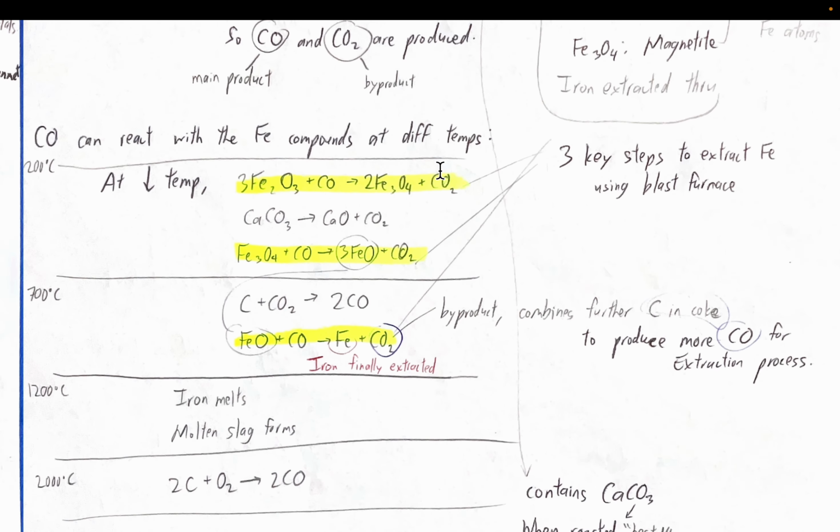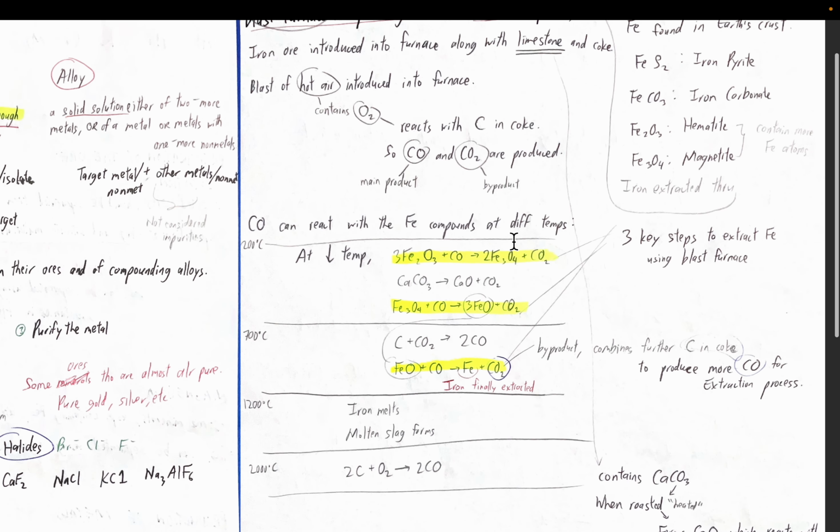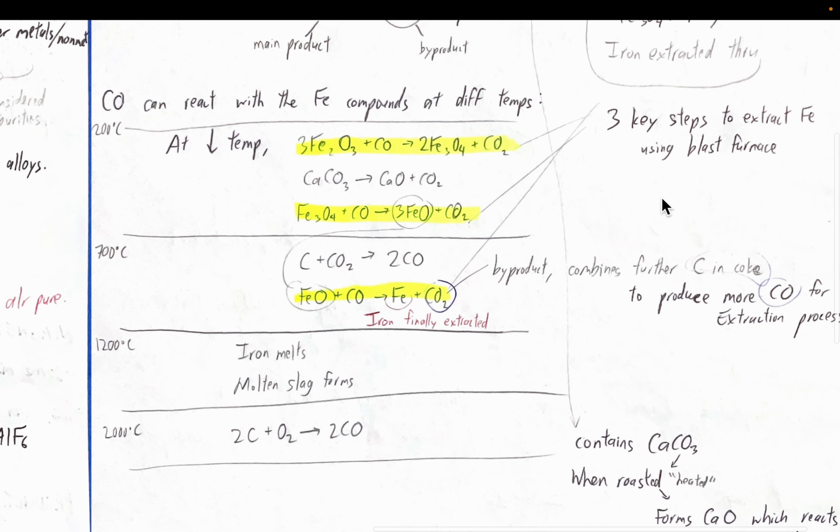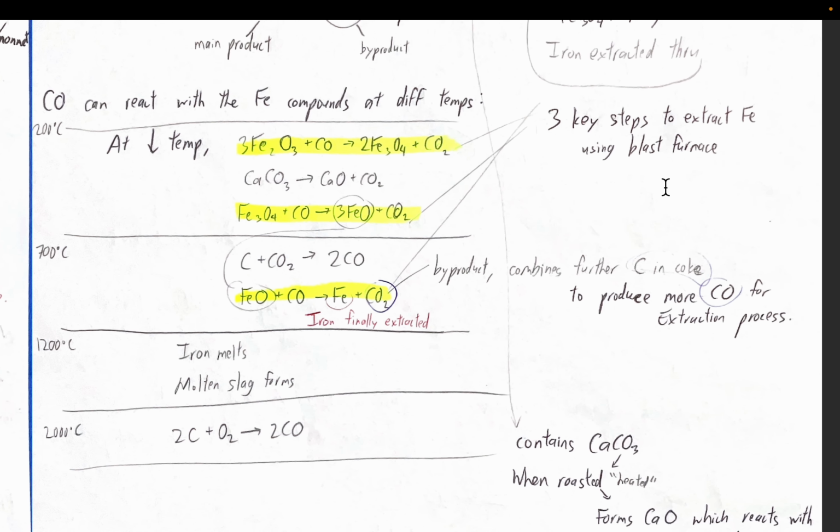Okay, I'll get back to this later. Actually, let's continue for a little more. Three key steps to extract iron using a blast furnace are described in the three highlighted reactions. Carbon monoxide can react with the iron compounds at different temperatures.